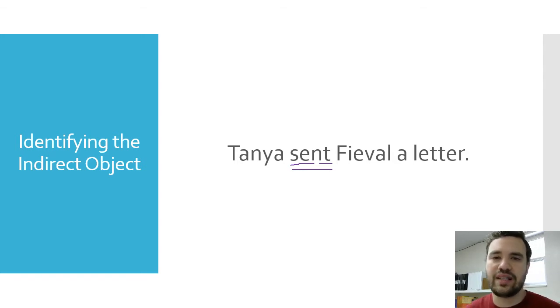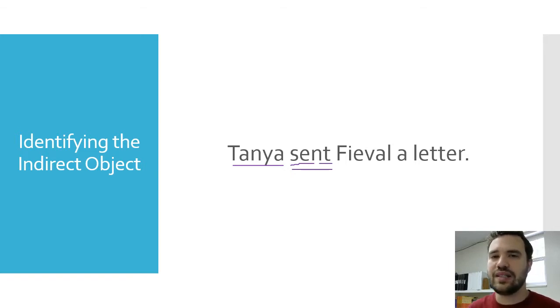So then we're going to ask the question, who sent or what sent? Well, the answer to that is pretty easy. Tanya sent. So Tanya is going to be our subject. Now, we're going to ask the question who or what after the verb to find the direct object. Tanya sent whom, or Tanya sent what?